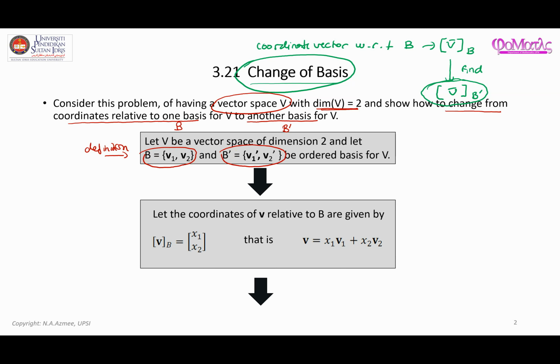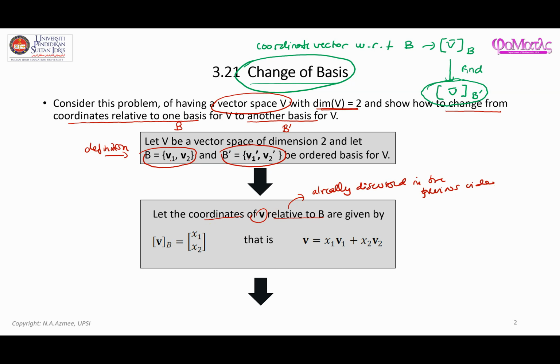Notice a slight difference in the notation here. We have V1, but here is V1 prime, just to show there's a difference between these two. Suppose we have a vector V, and you want to find the coordinates of V relative to B. This problem has already been discussed in the previous video.